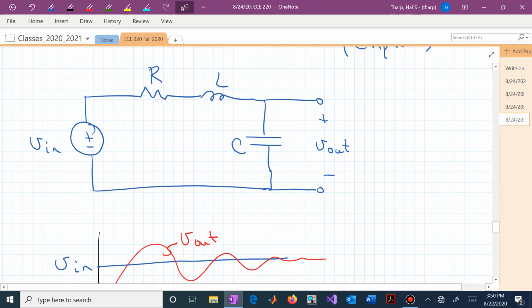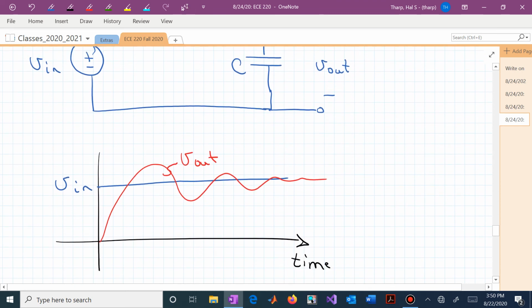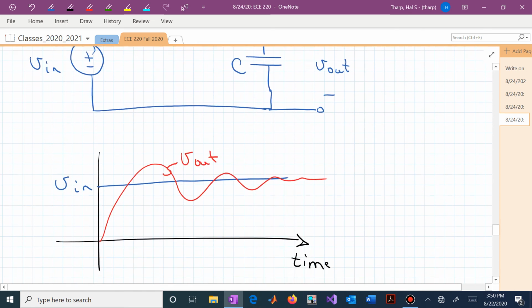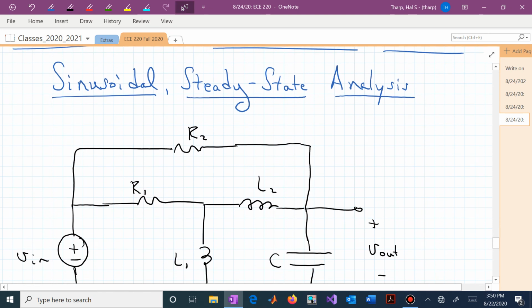Generically, if we have an underdamped system, that means that we are going to have this oscillatory behavior. Then that's going to depend on how R, L, and C are valued relative to each other. That's chapter 8, and that again will depend on your knowledge of differential equations.